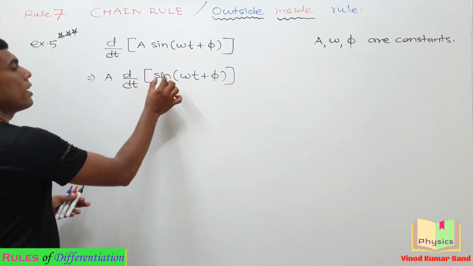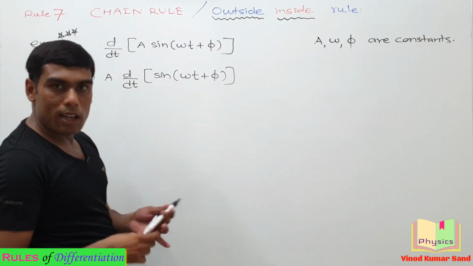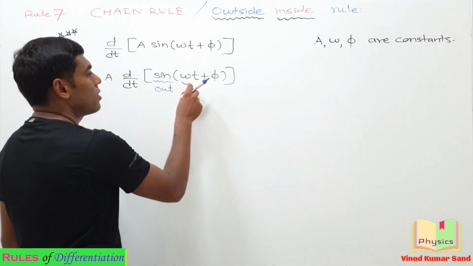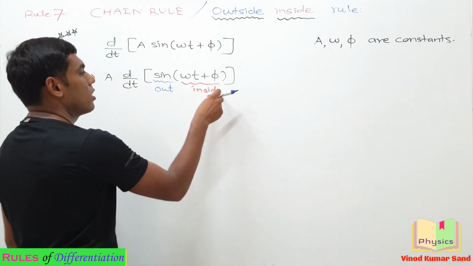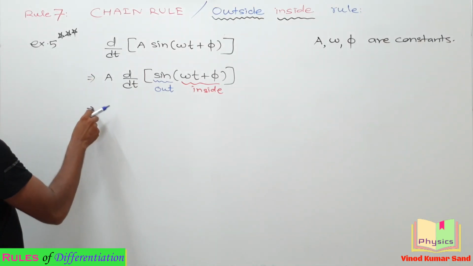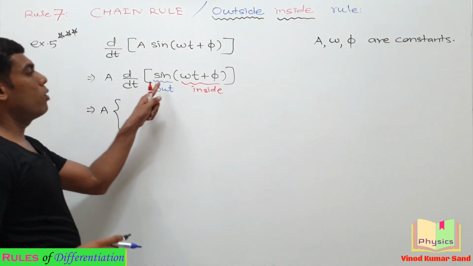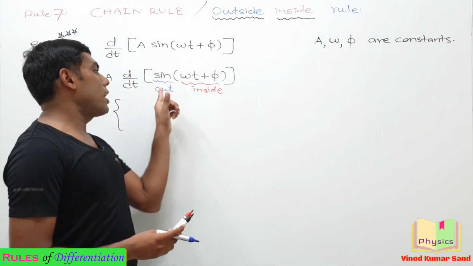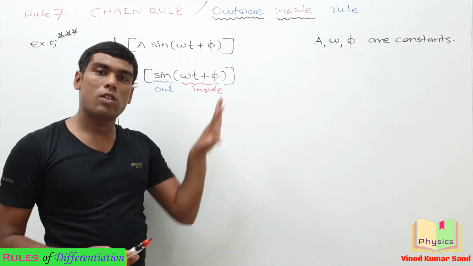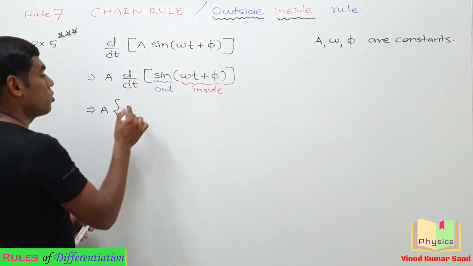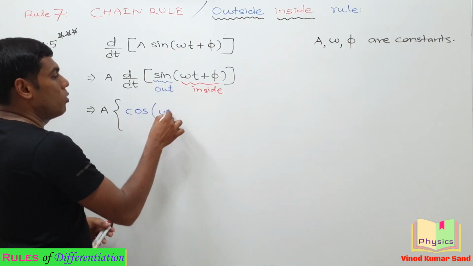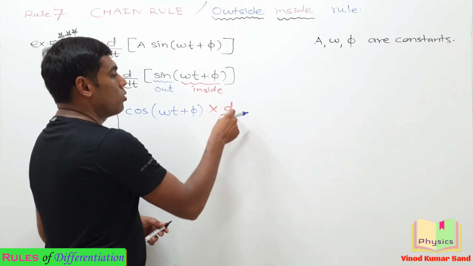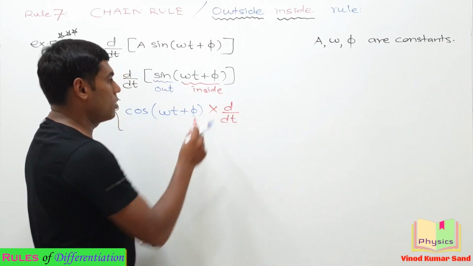Fine. Now you will be using the outside-inside rule. I hope everyone can recognize that this is the outside function and this is the inside function. Simplifying the things, a is here, and first of all, differentiation of outside function. You imagine this as something, sine of something. What is its differentiation? Cos of something. So I should write here cos of omega t plus phi into, we need to differentiate the inside function.